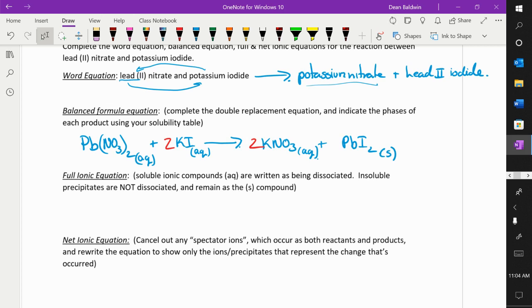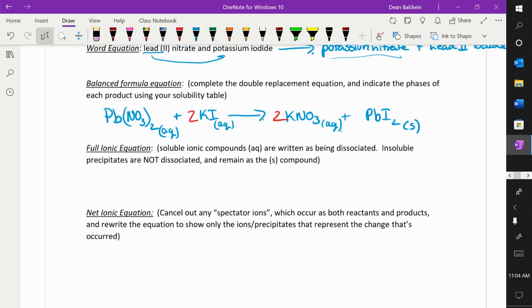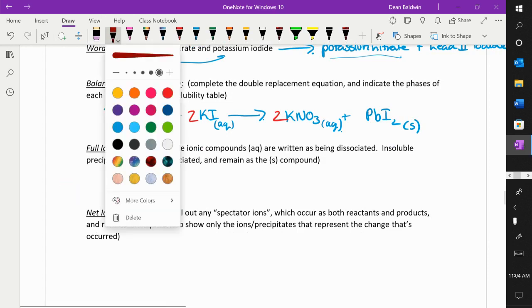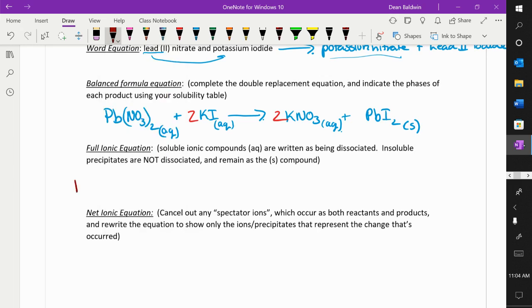Then we have the full ionic. Nobody likes the full ionic because what you have to do is you have to write everything in its ion form. So it gets really big. So instead of writing Pb(NO3)2 we write Pb2+. So you have to think of what's happening in the beaker. All right, I'm throwing lead nitrate and potassium iodide.